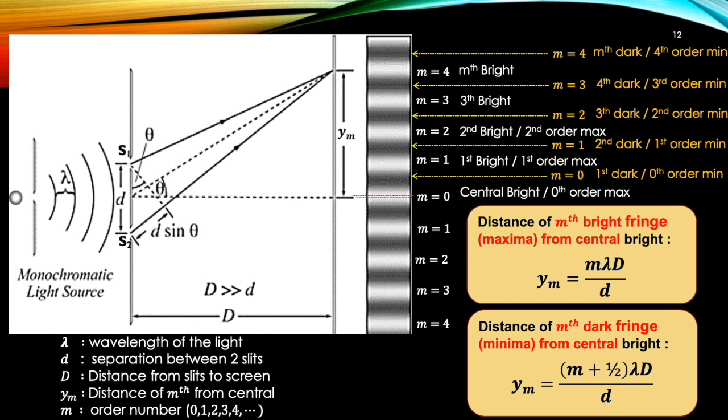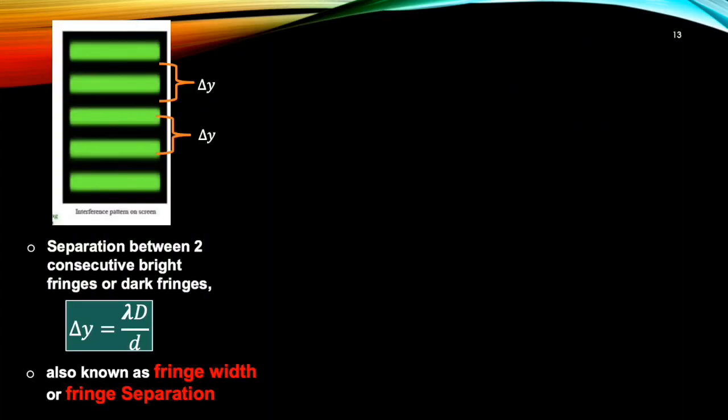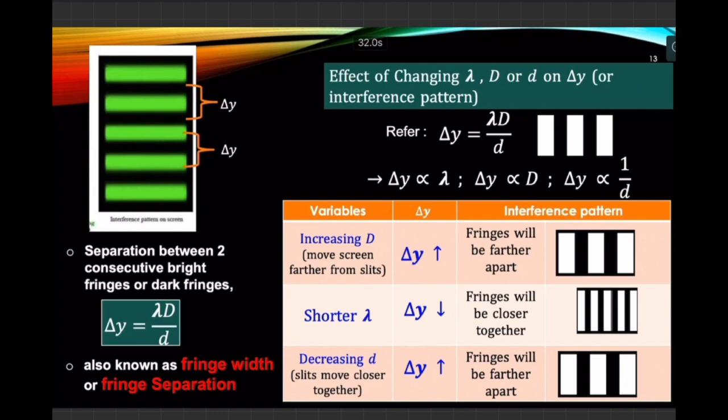There are two equations for ym, one for the bright fringe and another one for the dark fringe. Here, take a look at the separation between two consecutive bright fringes or dark fringes, also known as fringe width or fringe separation. Refer to the equation delta y equal to lambda D over d.